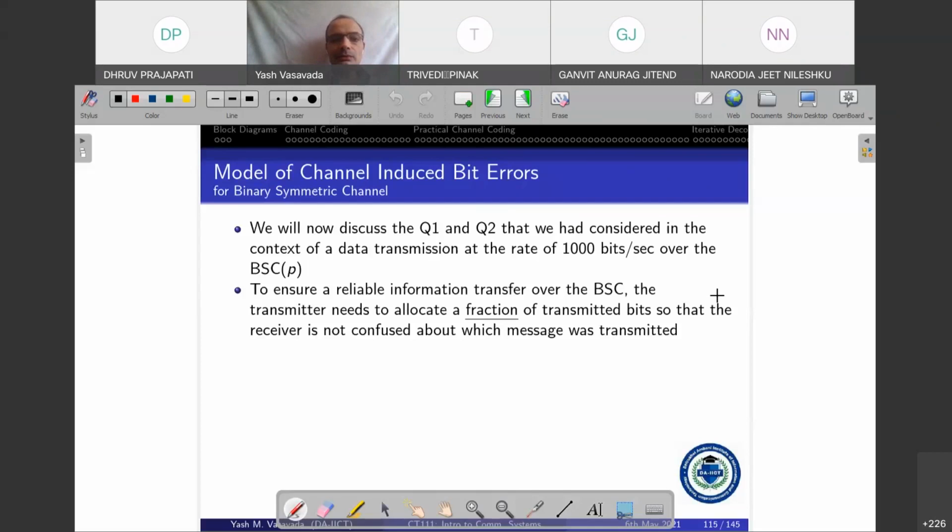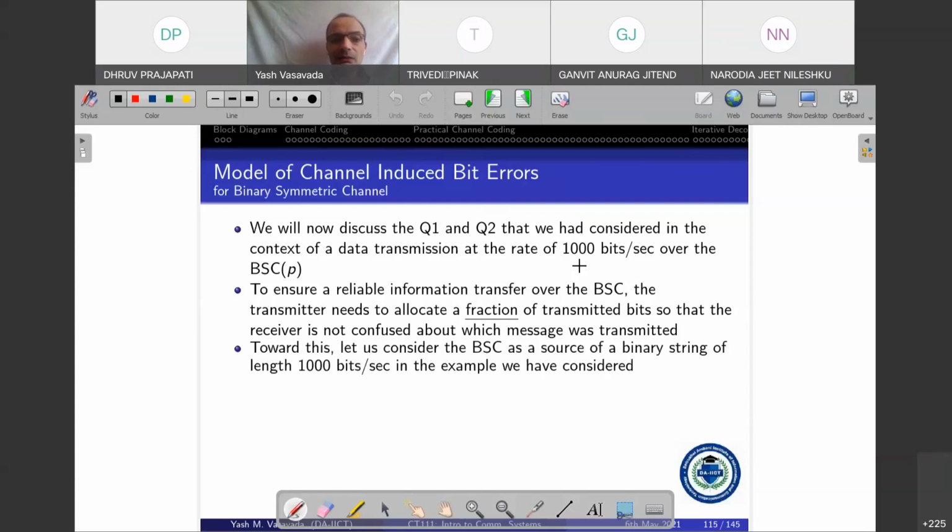Now, when this binary symmetric channel is introducing bit flips that happen with probability P, if you want the receiver to get a certain number of bits every second without any error, then what the transmitter has to do is to allocate some fraction of this 1000 bits per second, so that using that fraction, the receiver can recover from the bit flips.